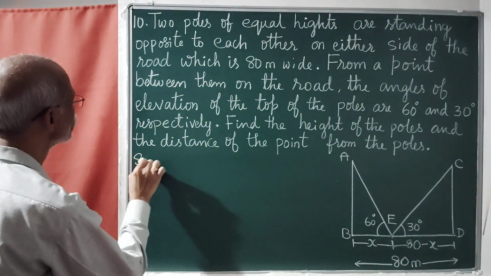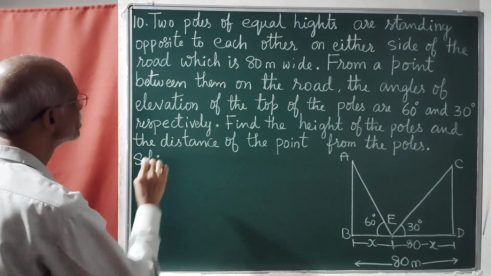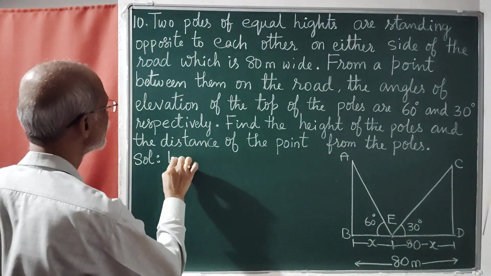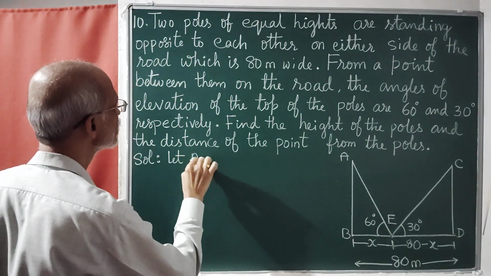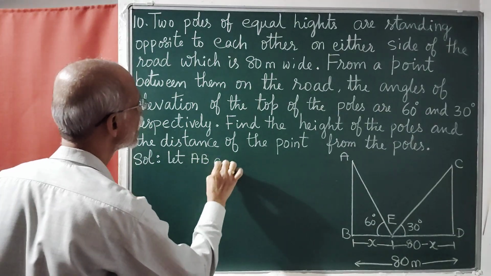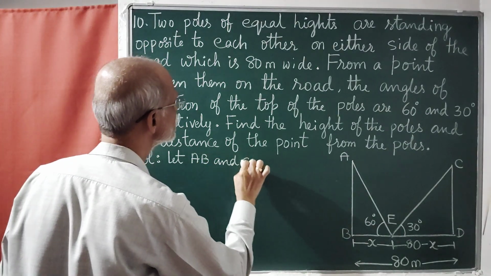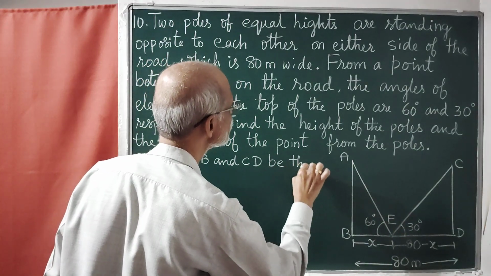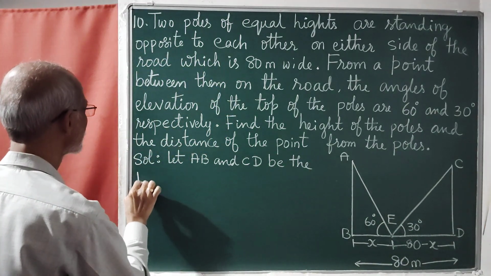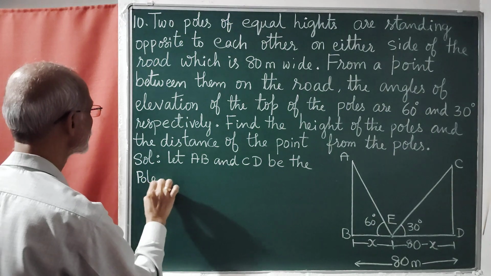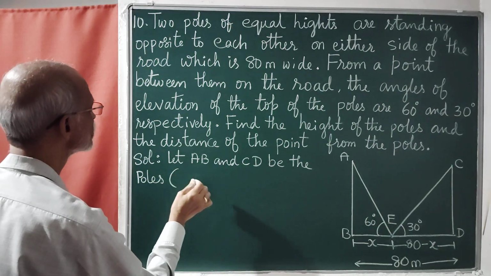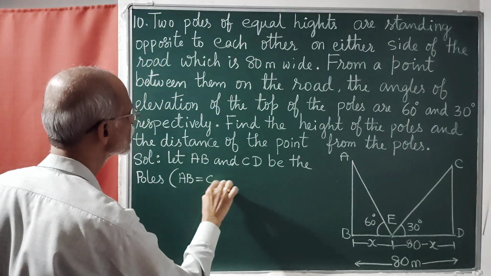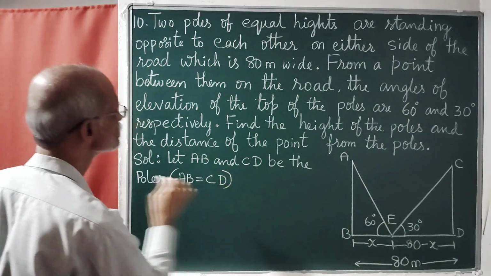Now, let AB and CD be the poles. It is given that AB is equal to CD; they are poles of equal heights.